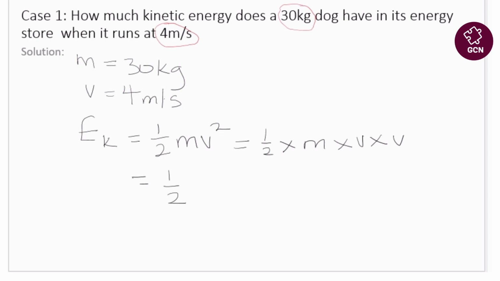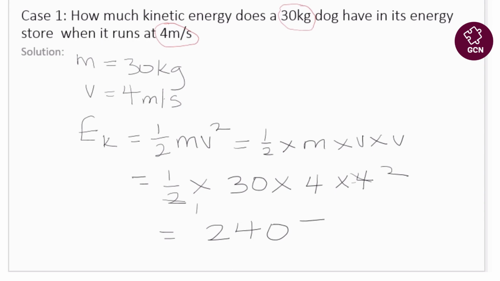So we have half times m, m is 30, v is 4, and then we have 4 again. So 2 here, 1, divide by this, we have 2, and then when we multiply, we have 240 joules.